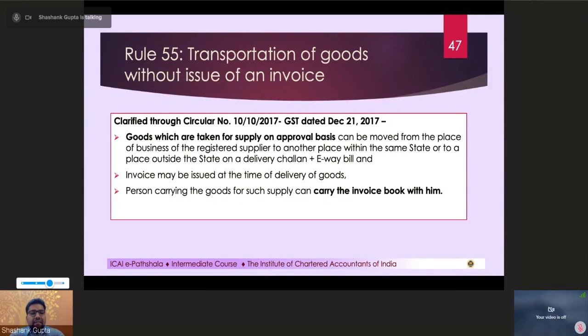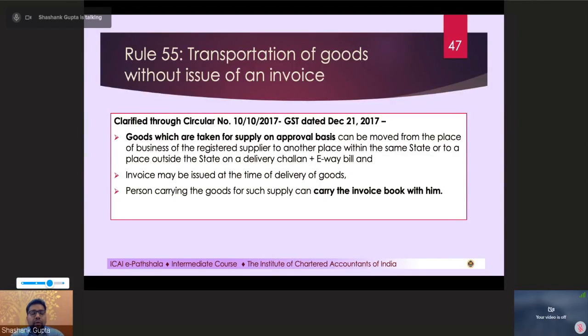Now, there is a clarification which has been issued, on goods which are taken for supply on approval basis. So friends, what happens in case of aerated beverages, Pepsi, Coke, and you would have noticed if you've been to some shop, even in case of bakery products, breads, and milk products. Generally a tempo arrives in the morning, and they ask, how many packets of bread do you require?